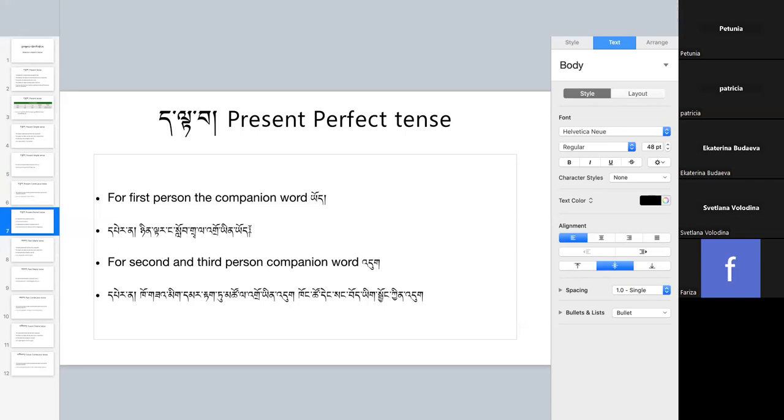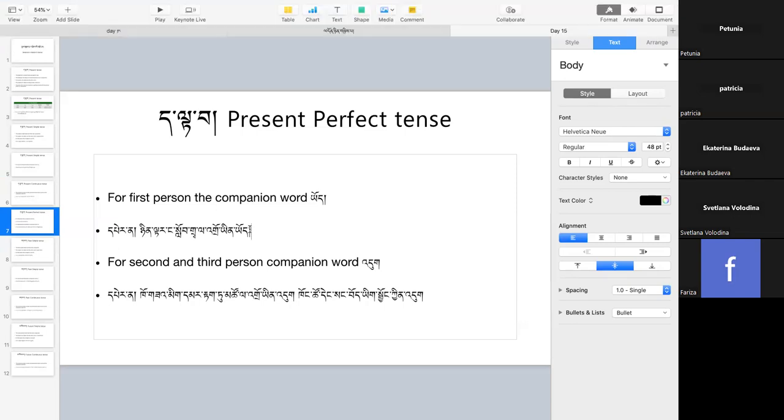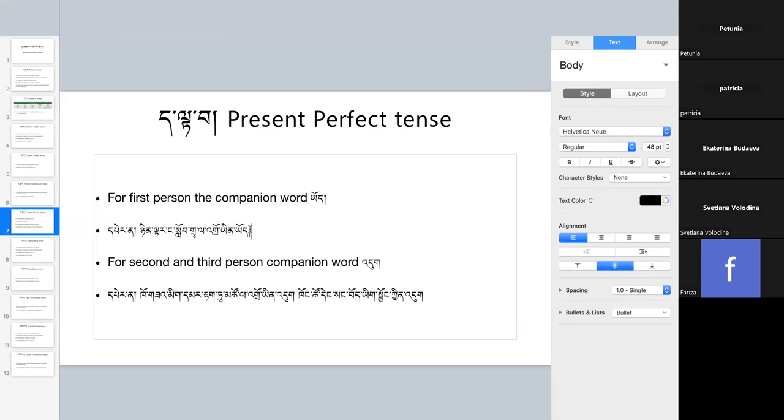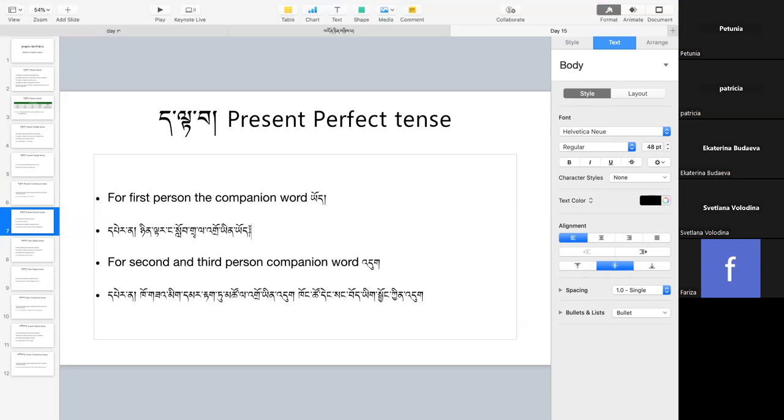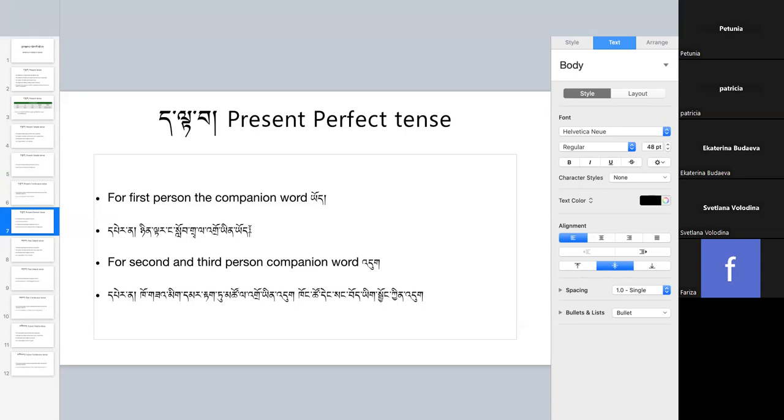So there is no difference between the first person, second person, and third person, other than the companion word. And we see that the variation of the present tense, that is the present simple, present continuous, and present perfect tense, all of these depend on the companion word.